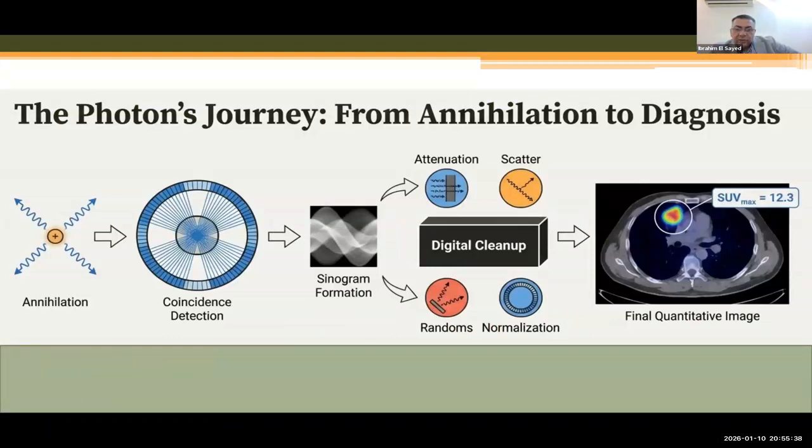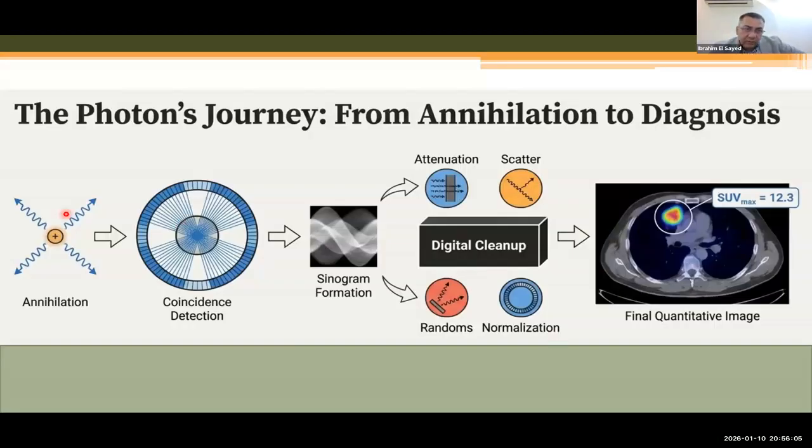The fundamental limitations are the positron range, non-collinearity, and the decay time. As we said, correction is very important. Attenuation will create 70 to 80% of photon loss, scatter 20%, randoms 10 to 15%, dead time 5 to 30%, and normalization, the detector non-uniformity, creates artifacts, so correction is essential.